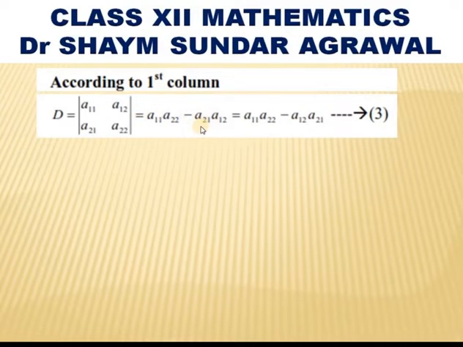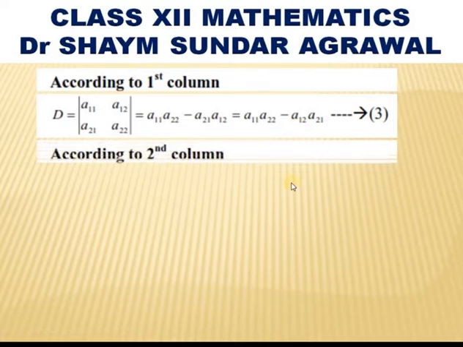So, minus 1 to the power 2 plus 1 is minus 1 to the power 3 is minus 1, that is why it is minus symbol. So, A11 into A22 minus A21 into A12, which is same as A11 into A22 minus A12 into A21.